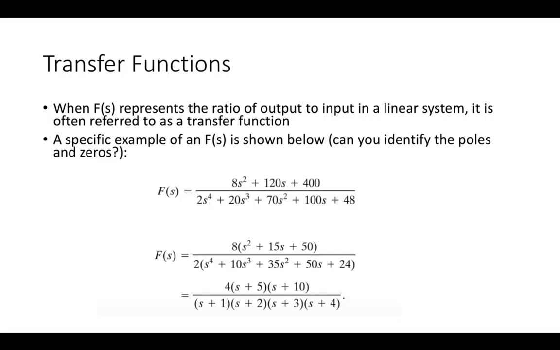One root will occur at -5 and the other root will occur at -10. And then the denominator can be factored, and we illustrated previously in MATLAB how to find the roots of a polynomial. So the denominator can be factored, and it turns out that for this denominator it factors into 4 real roots, 1, 2, 3, and 4 all negative.